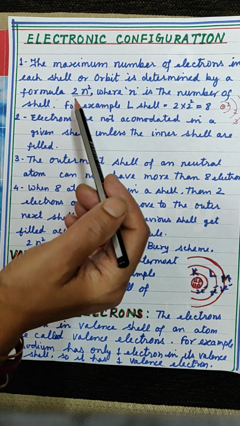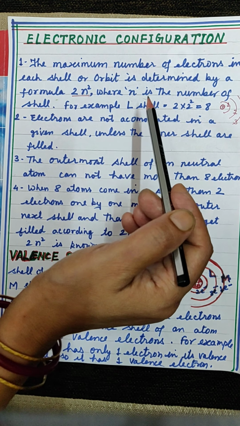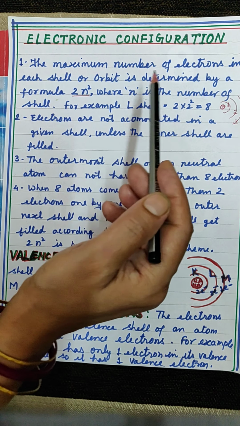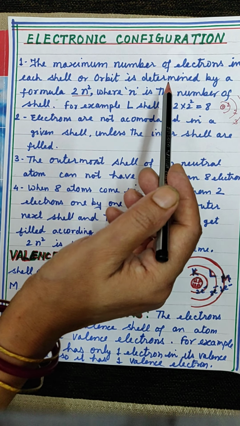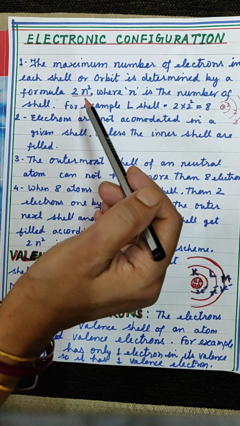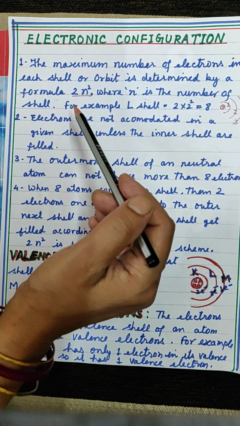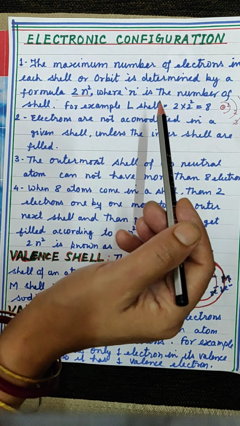The first rule is the 2n square rule, also known as the Bohr-Bury scheme, because the scientist Bohr-Bury gave this. It says that the maximum number of electrons in each shell or orbit is determined by 2n square. It means it cannot be more than 2n square. So by this we can calculate the maximum number of electrons present in any orbit or shell.